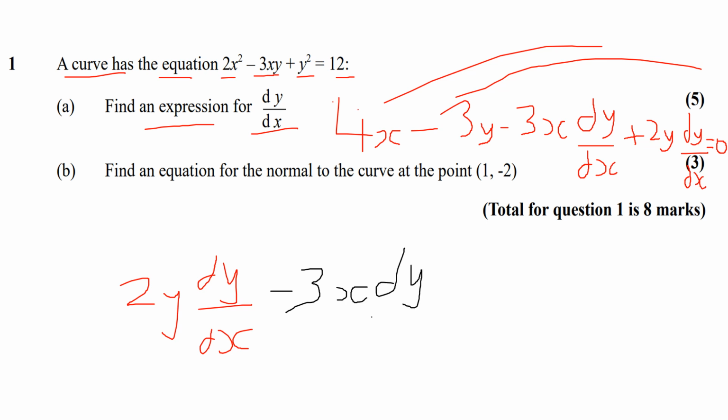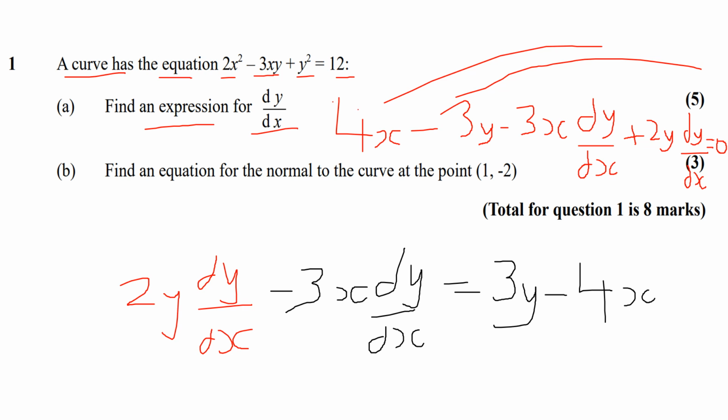That's equal to, guys, 3y minus 4x. Remember that the sign changes when you move it over the equation. The sign just becomes opposite.